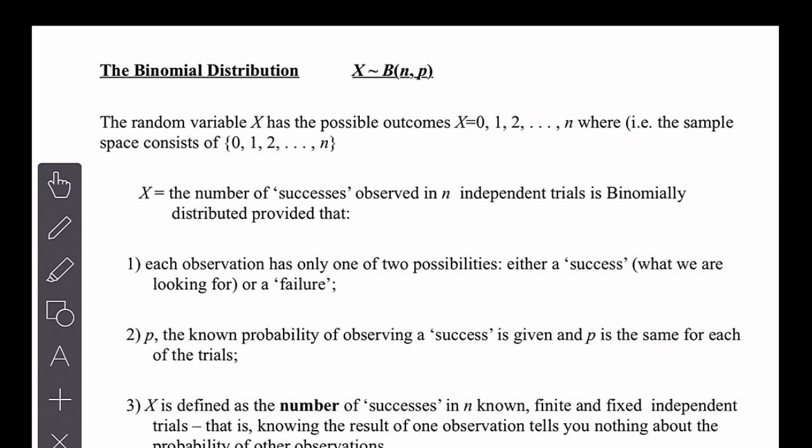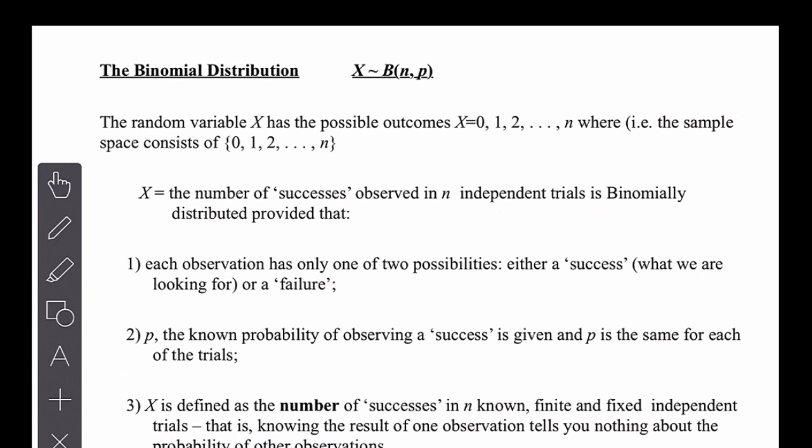Number 2, that you actually know the probability of seeing what you're looking for, the success. And criteria 3 is that you know how many times you're going to look in advance. So you know n, in other words. You know small n, you know it, so it's a finite number. It's not an infinite number, and it's fixed or known in advance.